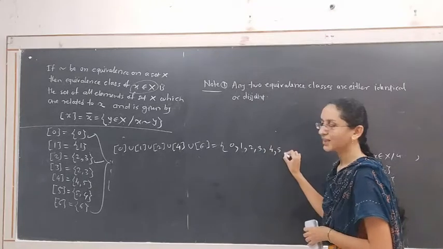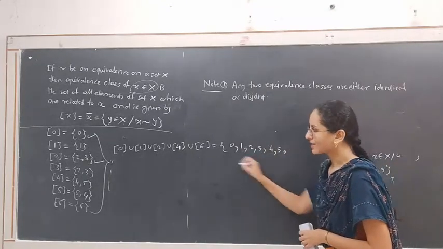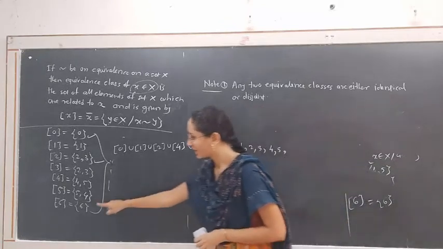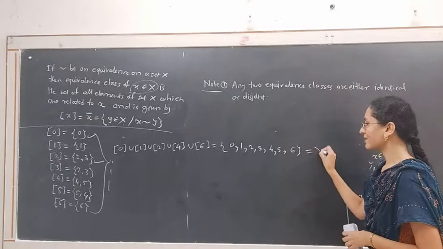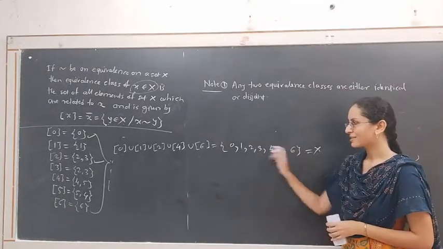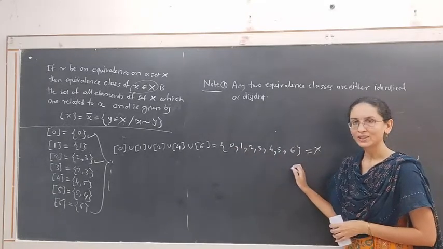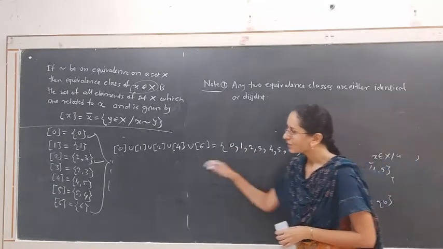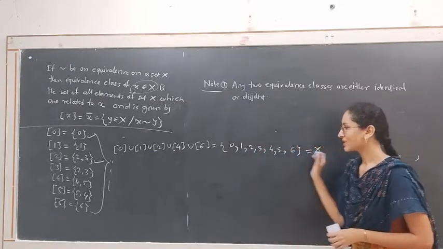We are taking the union, hence we consider all the elements of these sets. And the last set consists of the single element 6. This is the set X. In this example, the set X is given as the set of 7 elements, 0, 1, 2, 3, 4, 5, 6. Hence, the union of all the equivalence classes is the original set X.